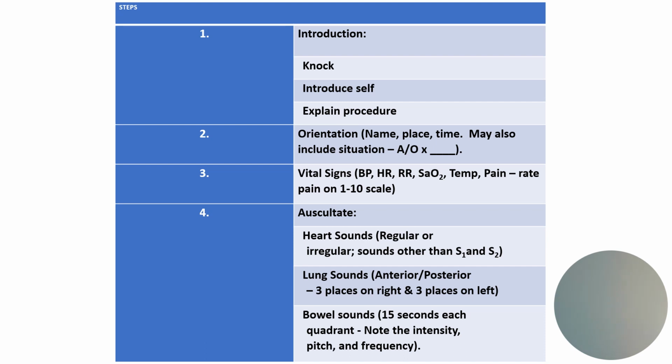If you do not have a thermometer, then I want you to identify that you are obtaining the temperature. You can obtain everything else because in your red lab bag or skills bag, you have received a sphygmomanometer or the blood pressure cuff, and you should have a stethoscope.